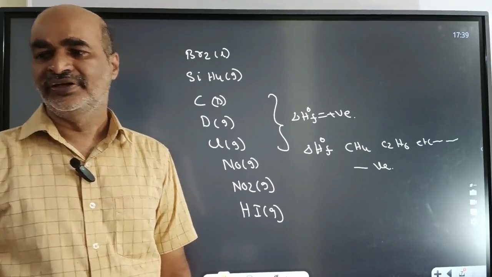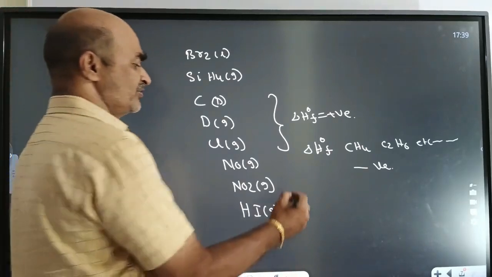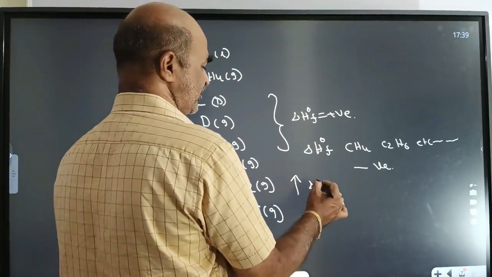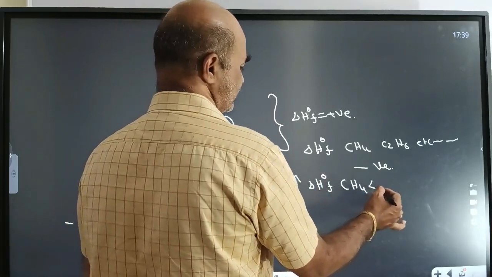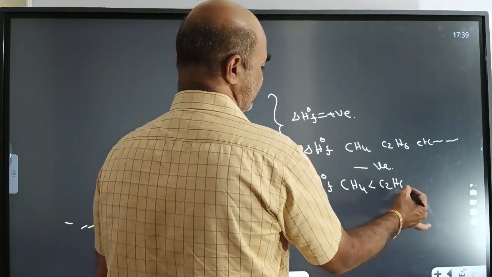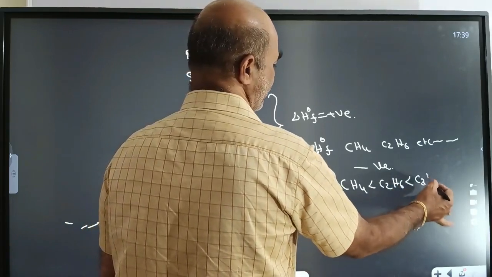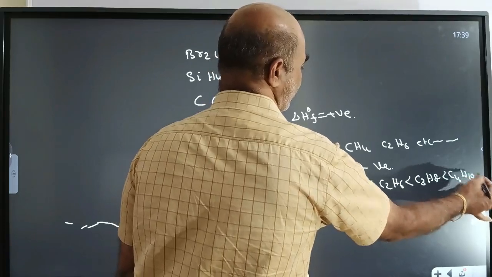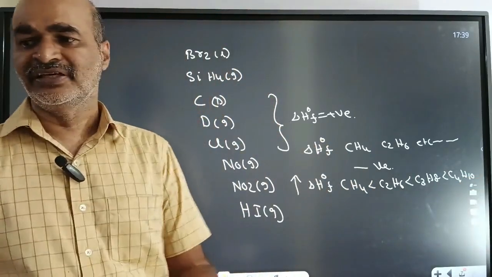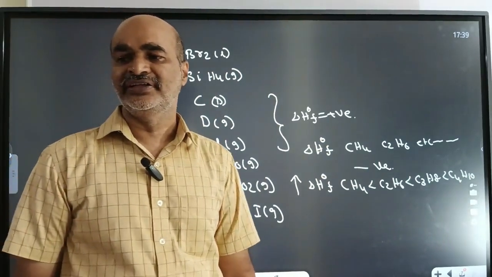Increasing order of enthalpy of formation: methane less than ethane, ethane less than propane, propane less than butane. As the number of carbon atoms increases, the magnitude of enthalpy of formation increases.